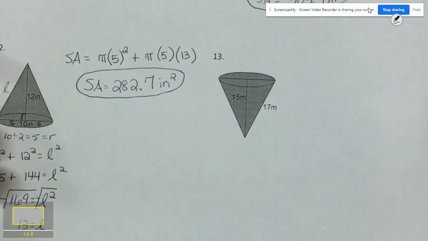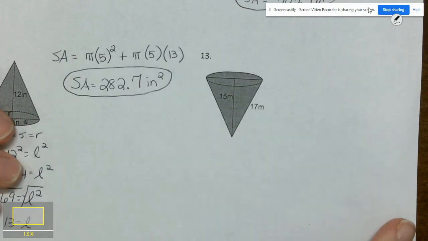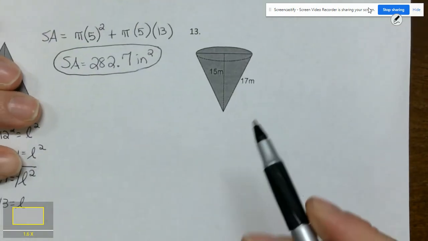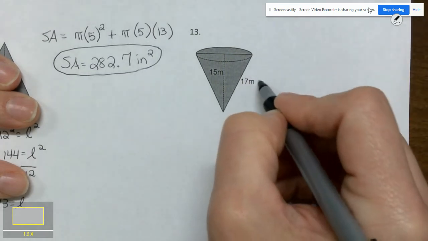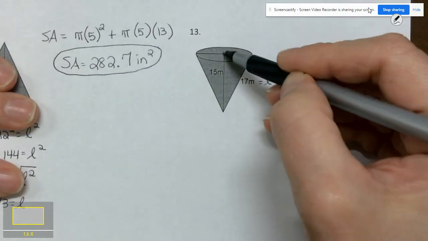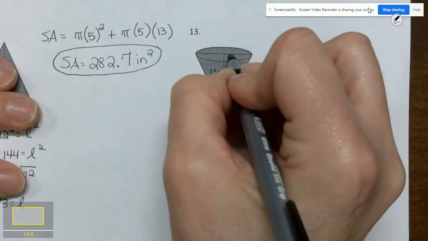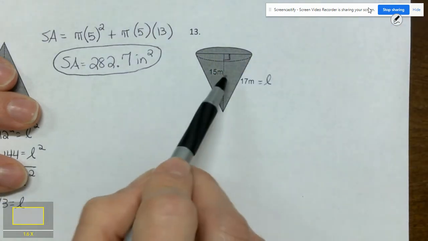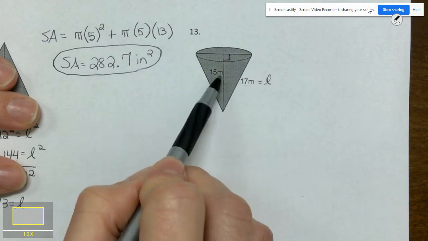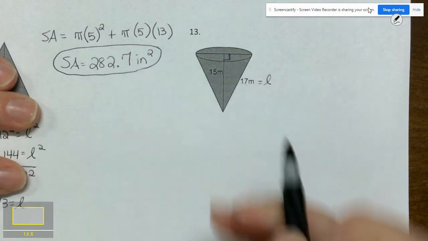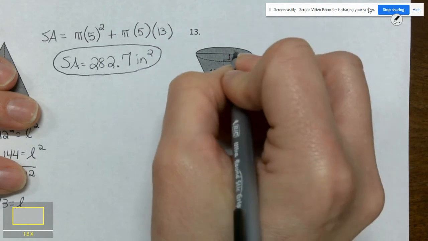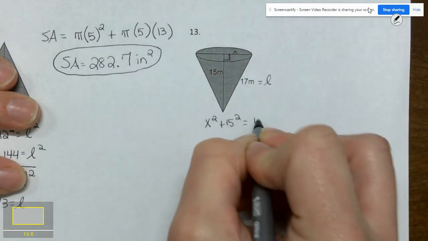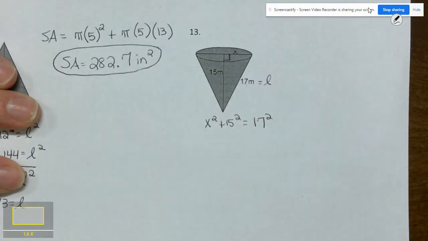Okay, let's look at number 13. This time, they don't tell us the diameter or the radius, but they do tell us the slant height, and they tell us this measurement. So I'm actually just looking for a different side using the Pythagorean theorem. I have the hypotenuse and one side, but I need to know this other side. So we'll call that our x. So x squared plus 15 squared has to equal the 17 squared.